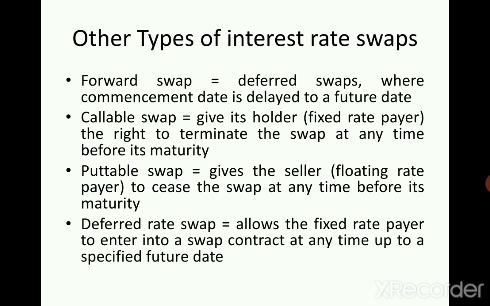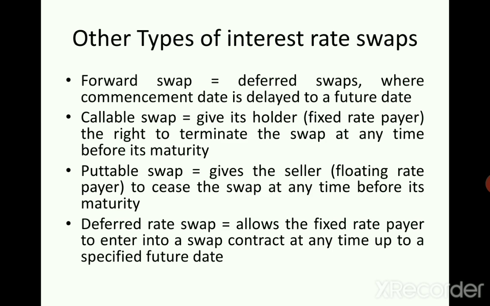That means here the commencement date is delayed to a future date. So this swap will come into effect on a particular date, and this is made through a forward agreement. This is most useful for those investors who do not need funds immediately but would like to benefit from the existing rate of interest.